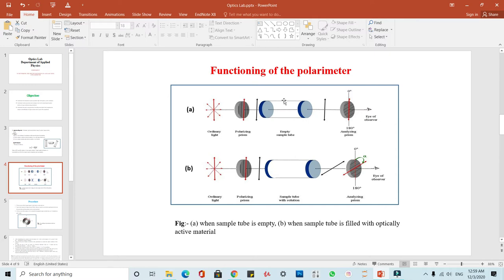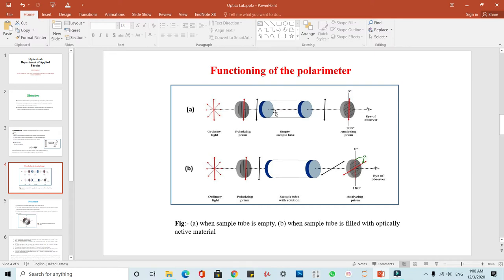So when monochromatic light from a source passes through a polarizer, it is converted into plane polarized light in which the electromagnetic vector vibrates only in one direction. As you can see here, the electromagnetic vector vibrates in all different directions, but after passing through the polarizer, it vibrates in only one single direction, that is the vertical direction.